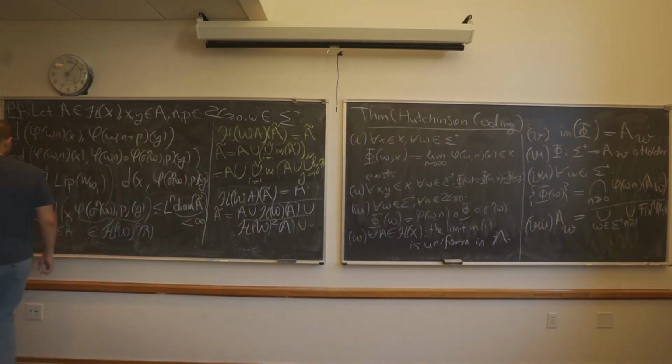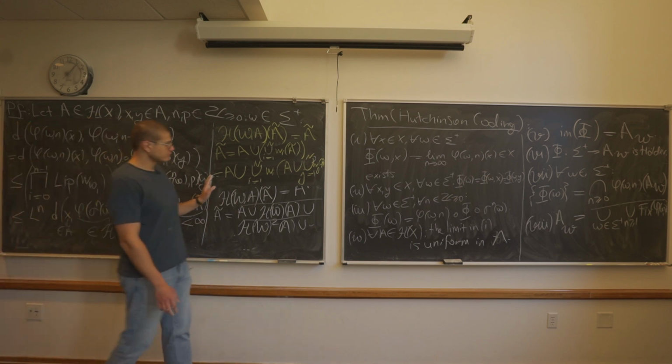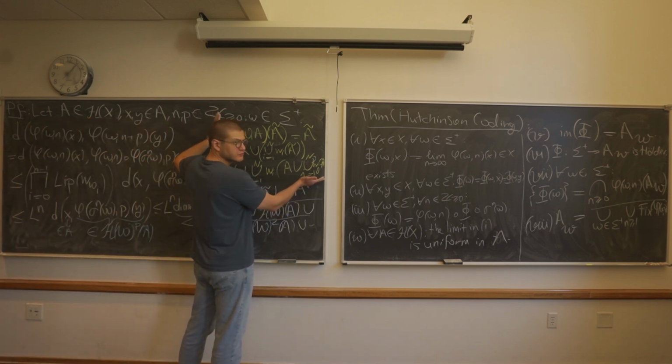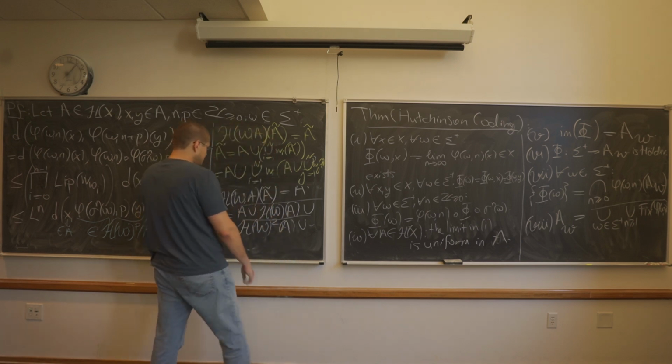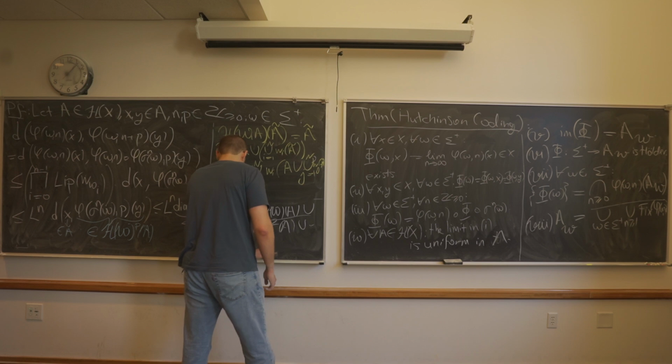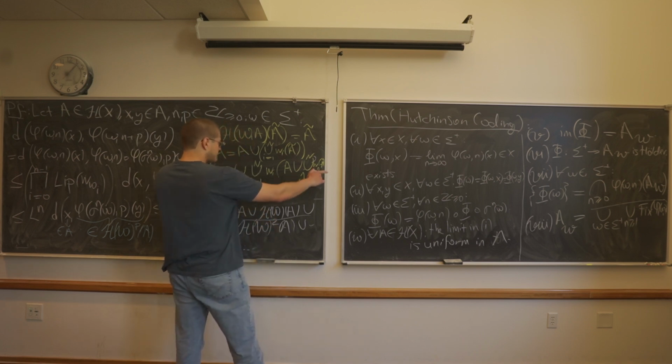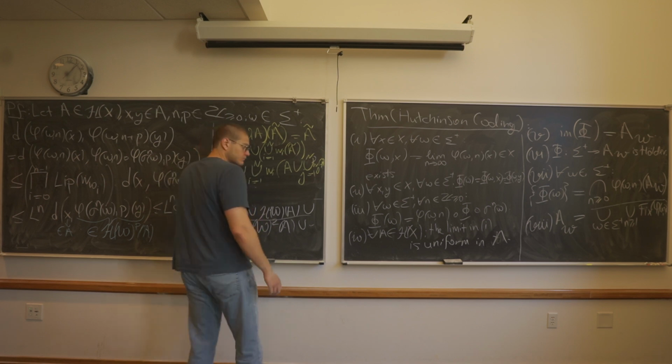Did I lose you? Okay. I think I need a little bit more emphasis on how you're taking A tilde to be this union of unions, and how that gets you closer to finding this L to the n diameter of A tilde. Are you happy with this part? Yeah, that makes sense. Okay, so by continuing this operation, I'm going to have a bunch of A's and these attractors applied to it.